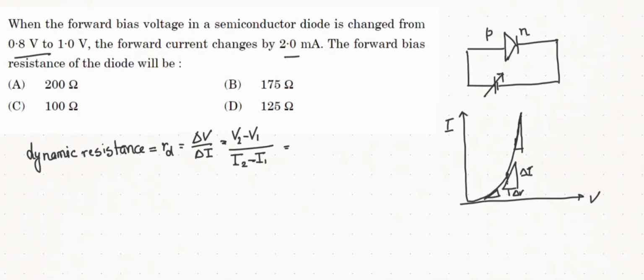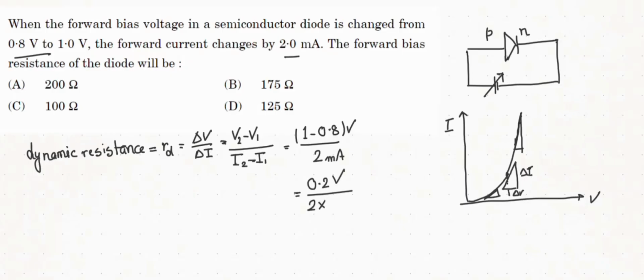The change in voltage is from 0.8 volt to 1 volt, so it is 1 minus 0.8, which is 0.2 volt, and the change in current is 2 milliampere.